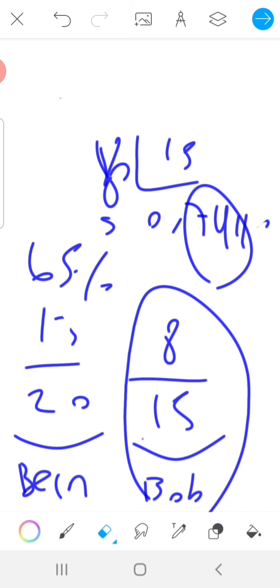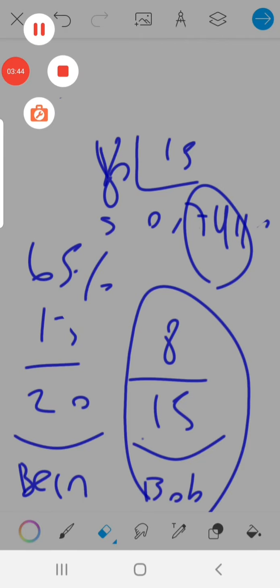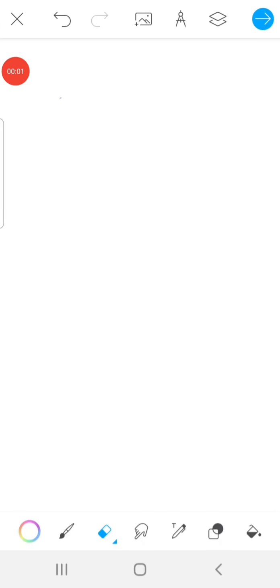Yeah, so now we go on to 6.5. In 6.5, we talk more about money and about percentages off something.